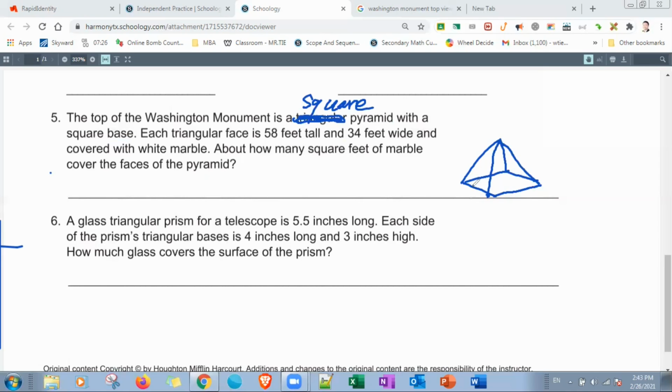Each triangular face, he's talking about every single side is a triangle because of the pyramid, right? So each face has the 50 feet tall, that's the height. That's the 58. And the base, 34 feet wide. That is talking about the base of the triangle.